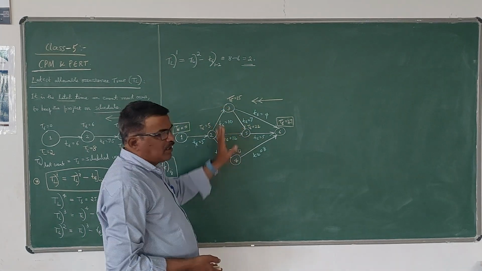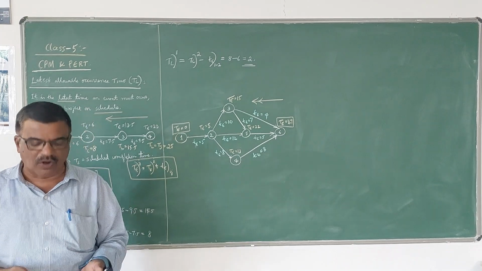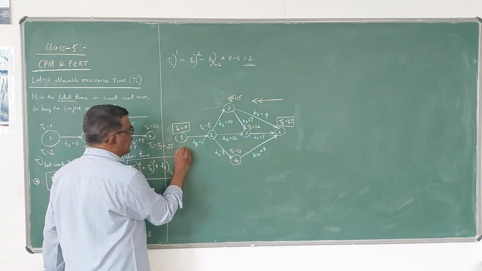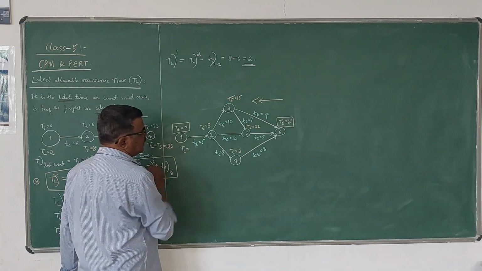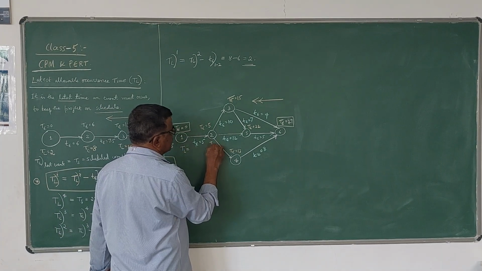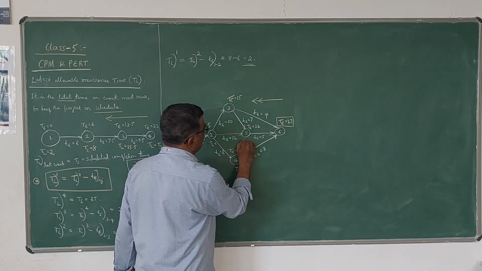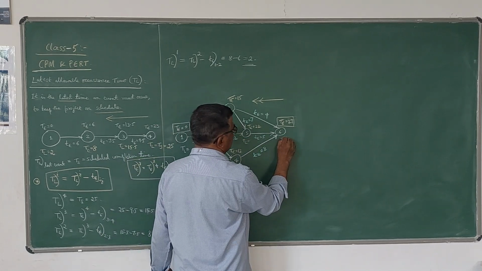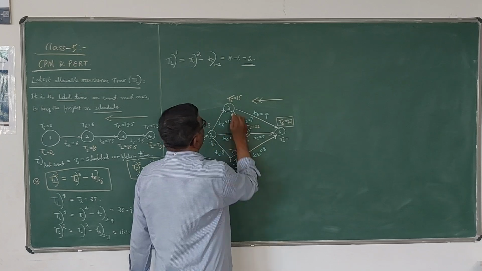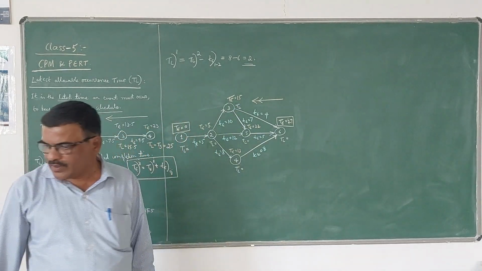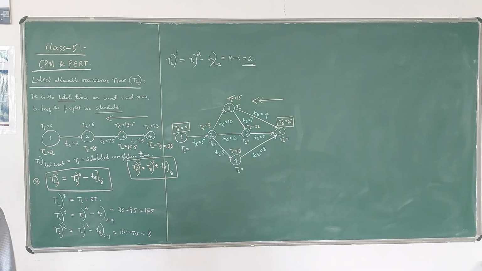Now I want to find out the TL values for all the events. So TL for this, TL for this, TL for this, TL for this, then TL for this. Okay.